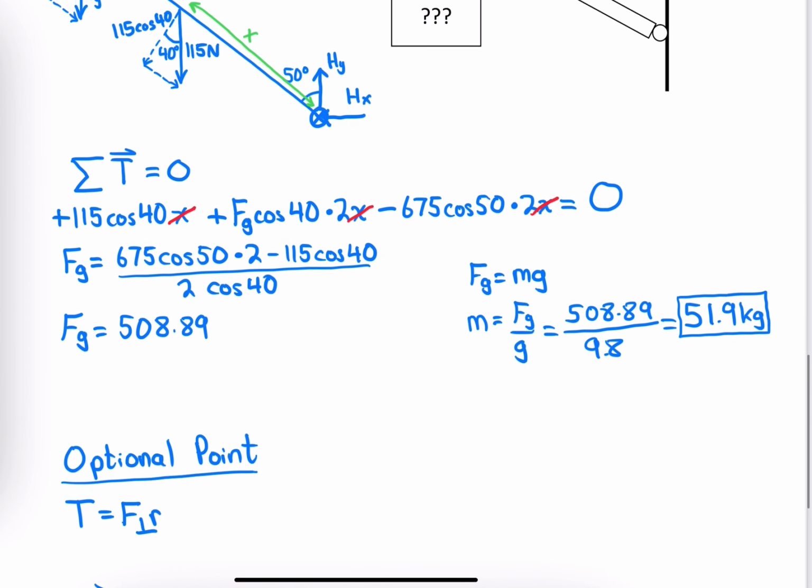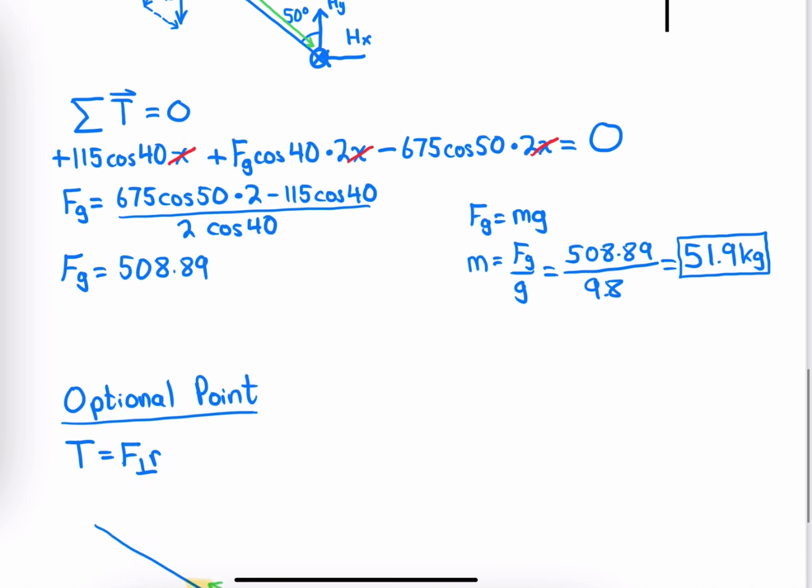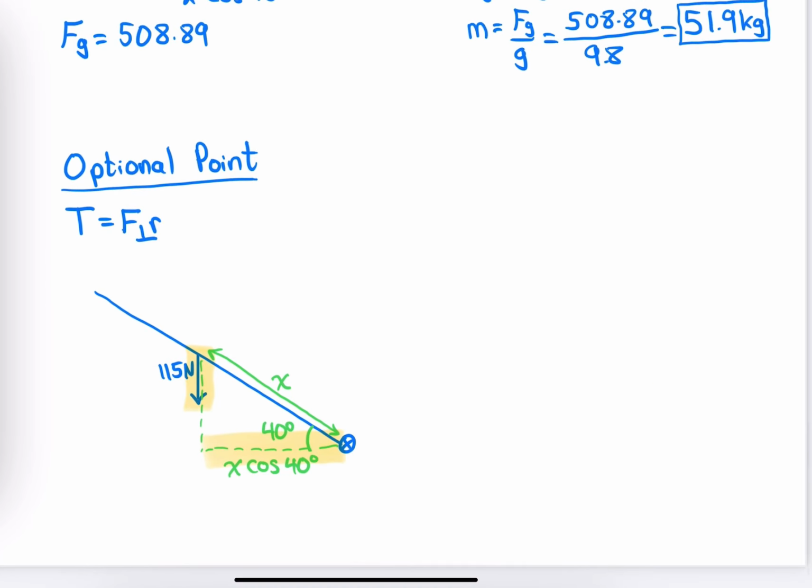Now what we did up here is we had 115 times x times cos 40. That's the exact same thing, only we got it two different ways. Here, it was 115 times x cos 40. We split the distance into components.